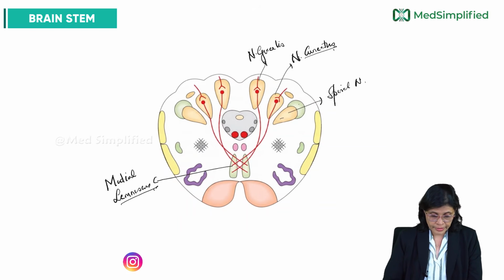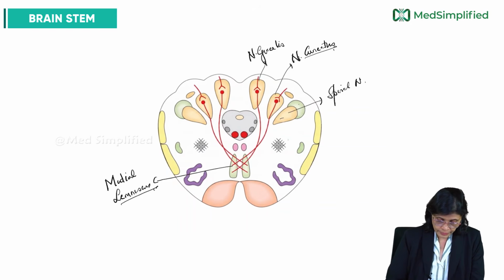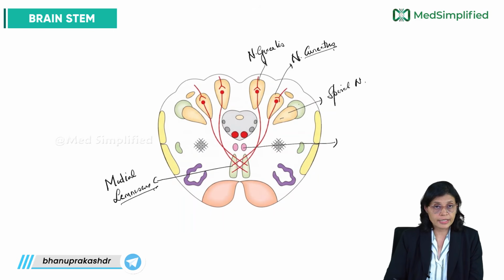Other than that, we also see one more thing which we didn't see at the level of motor decussation. This is called the medial longitudinal bundle.